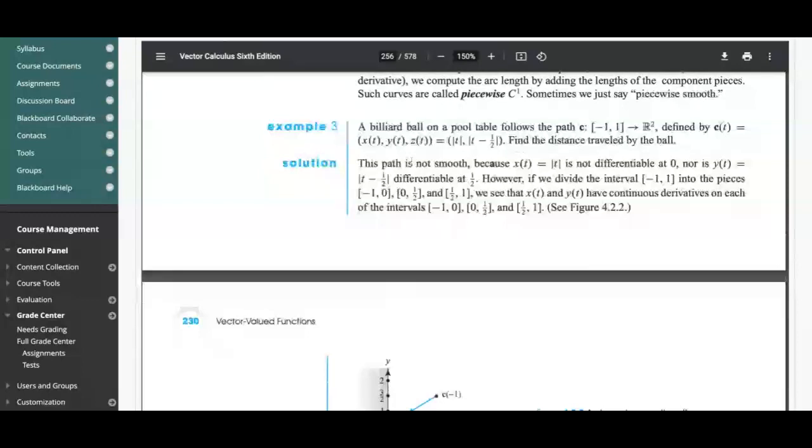So the path is not smooth, right? The path cannot be differentiated at the cusp, because the absolute value function has this vertex. When we talk about differentiability, we call the vertex a cusp, which cannot be differentiated.